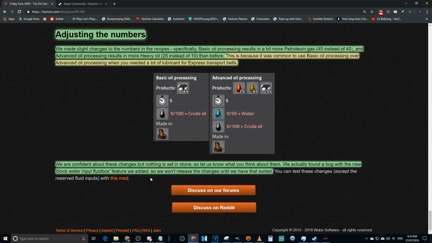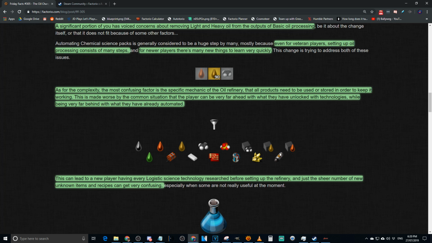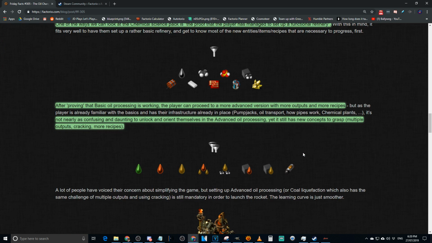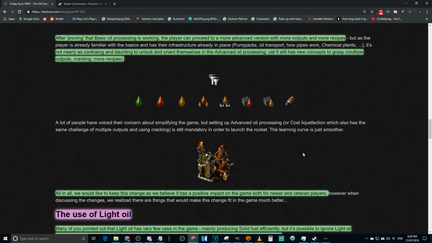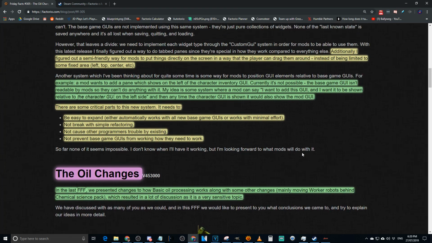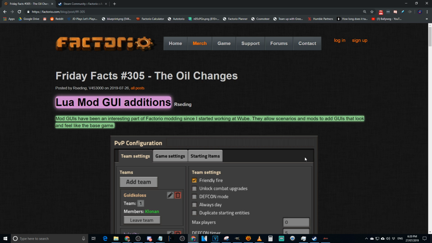Oh, and changing Blue Science to use sulfur rather than solid fuel. So for an existing player, it's two small changes. For new players, it's going to be a completely different oil tech tree. So sorry about that. It's a wait for it to get in game and have a play with it and see how it works.